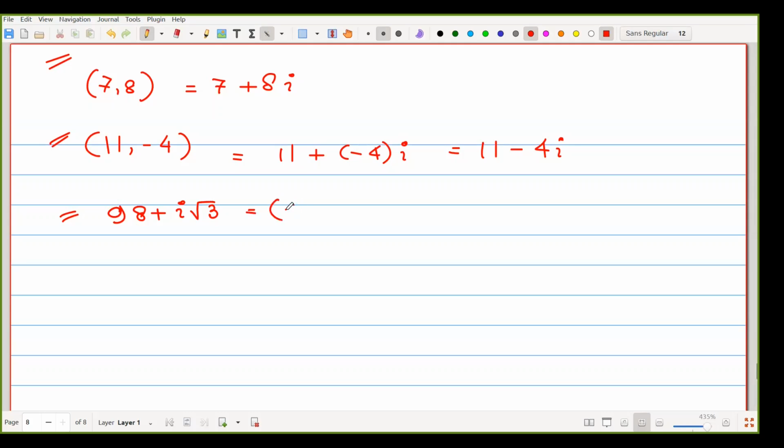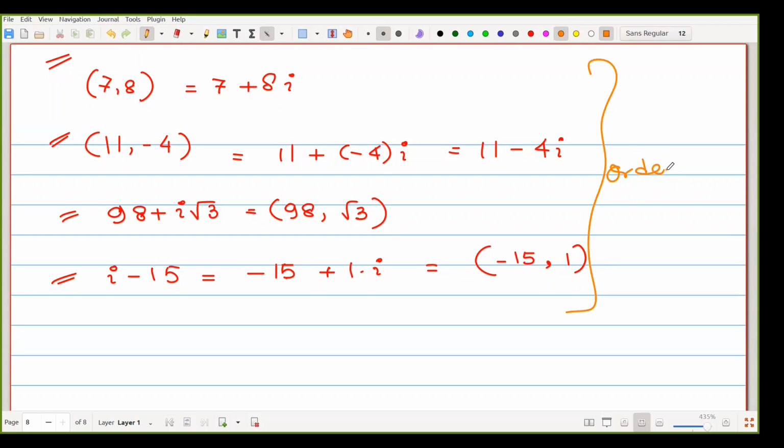So it can be written as (98, root 3). Or suppose given i minus 15. So it can be written as minus 15 plus 1 into i, or the ordered pair is (minus 15, 1). So in that way we can proceed with the ordered pairs in complex numbers, which is giving us the Argand plane or the Gaussian plane, complex plane.